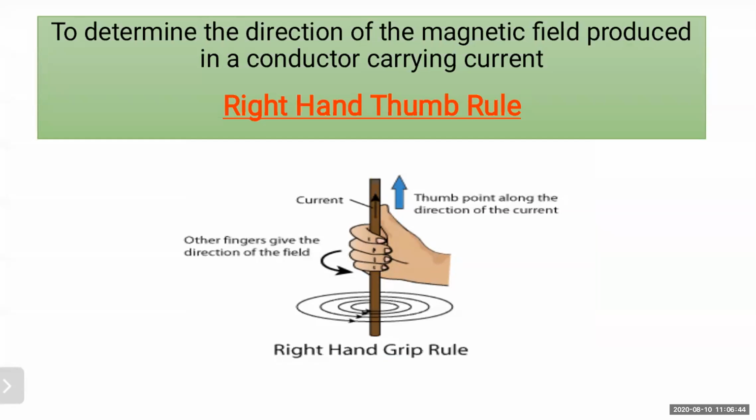Okay, so look at that diagram. There is a conductor, there is a wire. If you stretch your thumb in the direction of the current in the conductor, here it is the upward direction, so your thumb points upward.